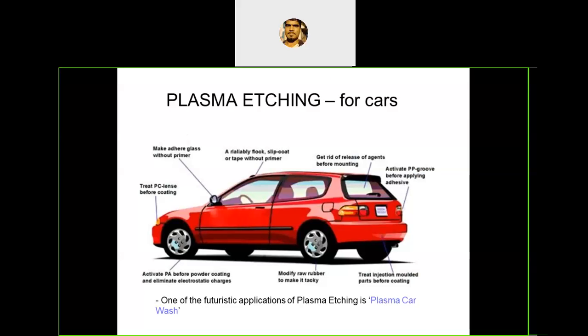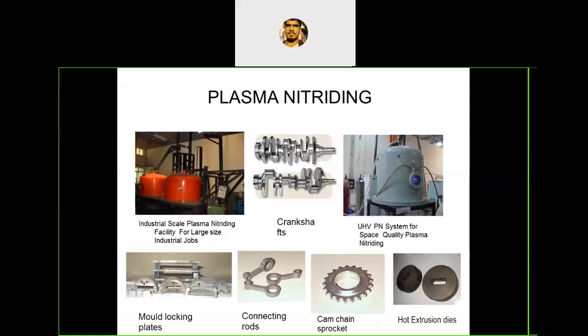Take an example of a car, an automobile. In that, many parts go through coating or surface modification. And these are some other examples, plasma nitriding. Here also it is the same thing. You can see the components: connecting rods, crankshaft, sprocket.